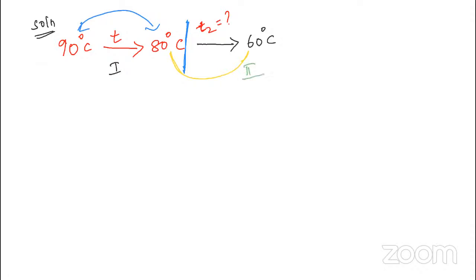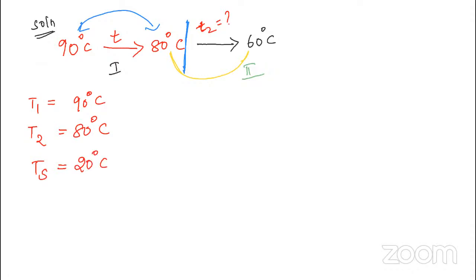Let us solve the first one. For the first one, we write the T1 value, that is 90 degree centigrade, the T2 value is 80 degree centigrade, and the TS value is the surrounding or room temperature, that is 20 degree centigrade.